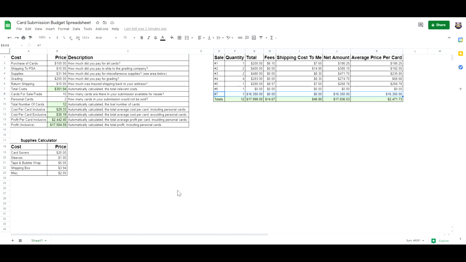And in situations like that, it can be really beneficial to use a spreadsheet budget like this to help you understand a little bit more about where your costs may be too high, where your revenues may be too low, where certain customers may be being a little too difficult, and where you can work to optimize each of those in order to, at the end of the day, maximize this figure right here, the profit, the dollar margin, period, amen.